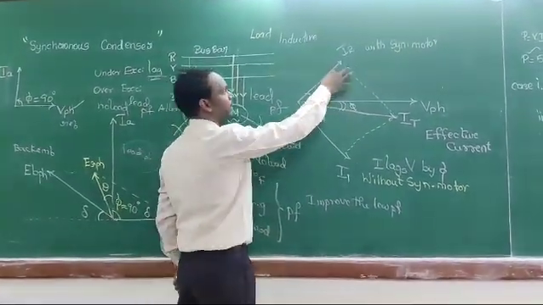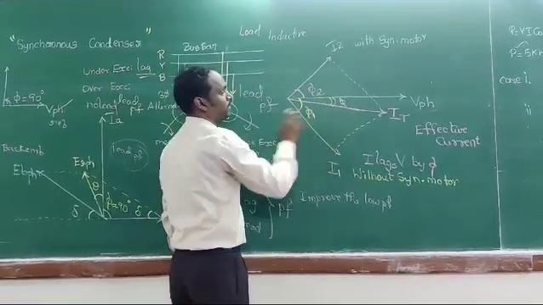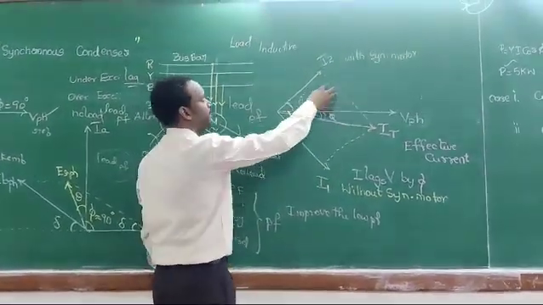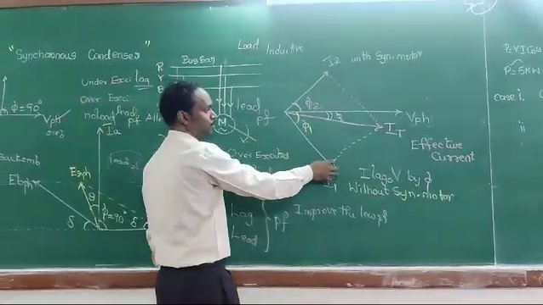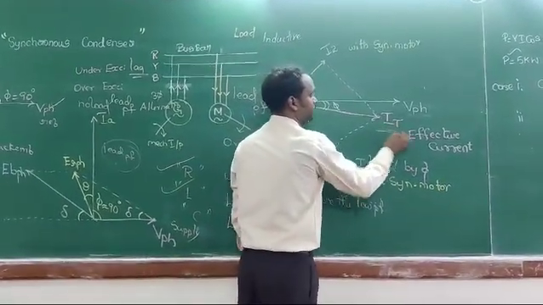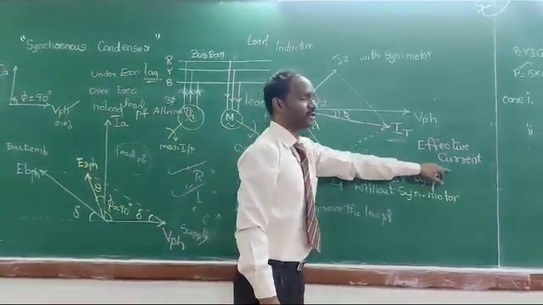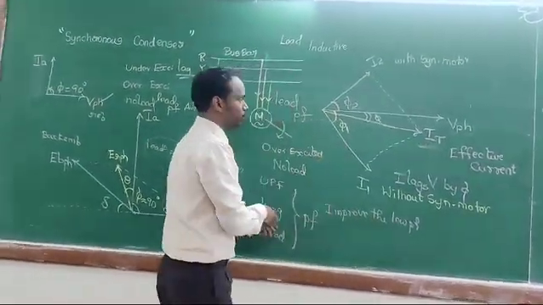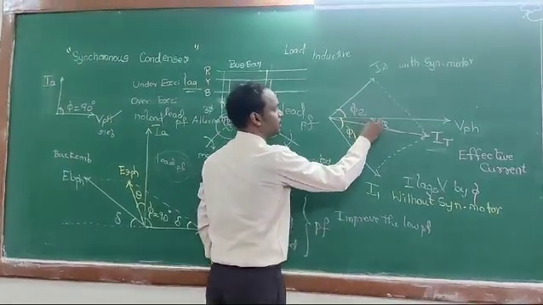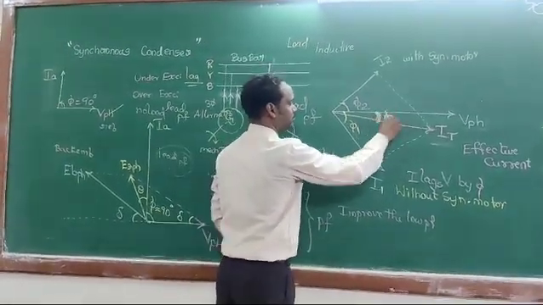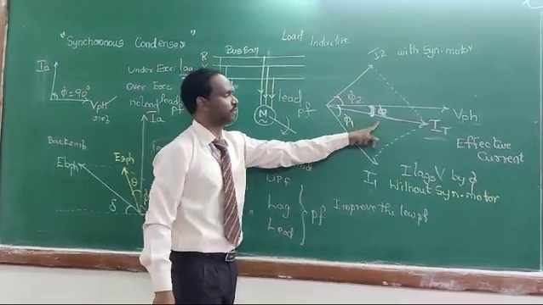Now the phasor addition of I1 and I2 gives the effective current IT, which shows that the phase angle is reduced by an angle of phi.